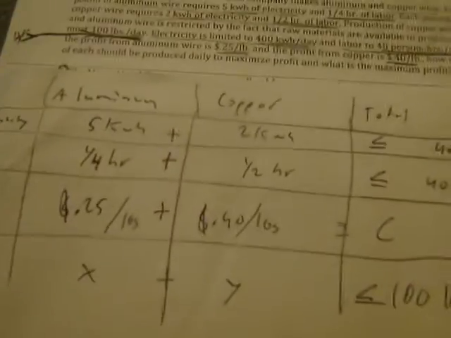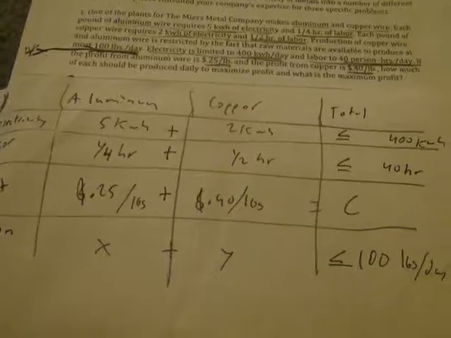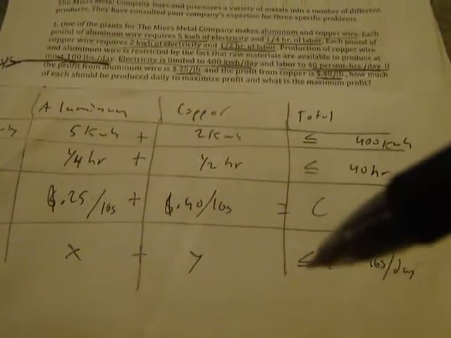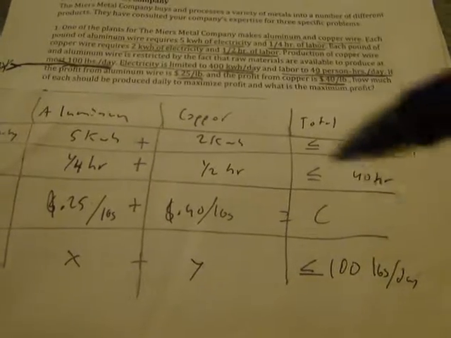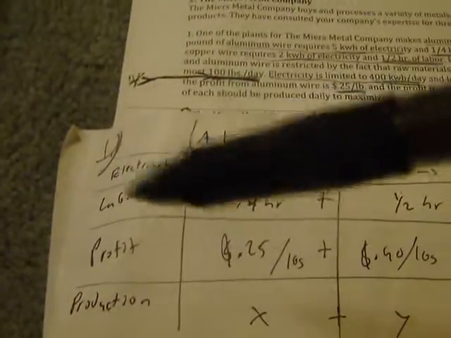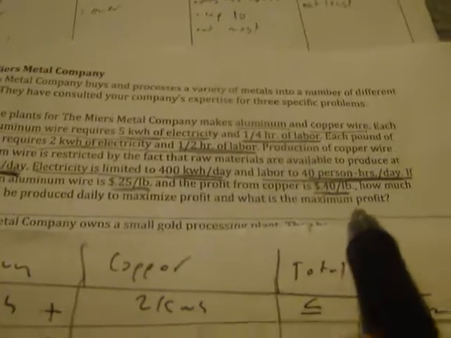So what is an objective? First off, a constraint, just to sum it up from what I've been thinking, is whatever equals something or is less than, greater than, etc. But also, I would think it's all the equations. So we talked about electricity, labor, profit, production. Whatever one is asked at the very end.